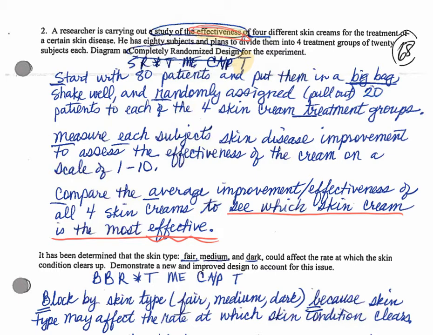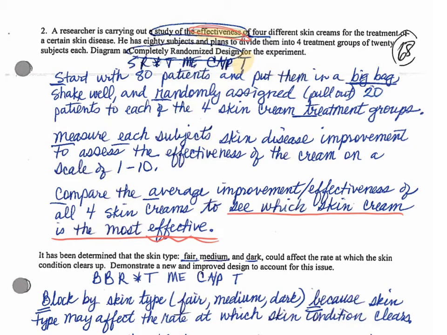All right. So now, look what happens in the second part. It has been determined that the skin type, which is fair, medium, or dark, could affect the rate at which the skin condition clears up. So do you remember what we do when we have a situation like that? Do you remember the song? I see you have a trait there that may affect the way subjects respond.